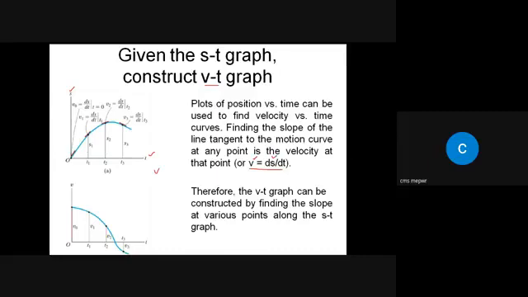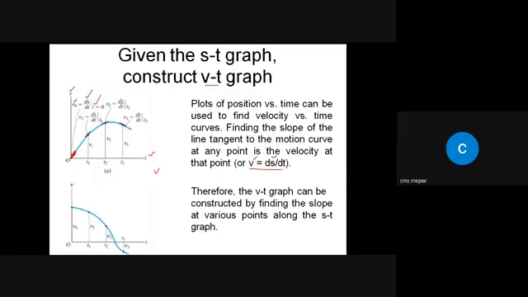So in other words, if I try to find out the slope of this curve over here for this interval, from here I can get the value of velocity. So at this instant, if I find out the slope of this curve, let's say that slope is v naught, or ds by dt at t equal to 0.